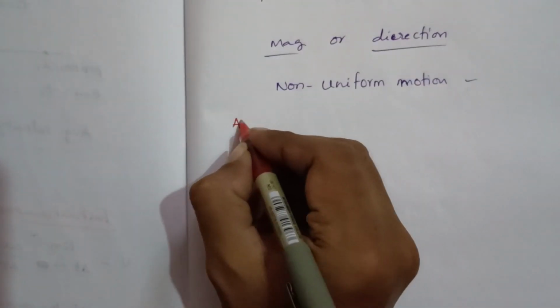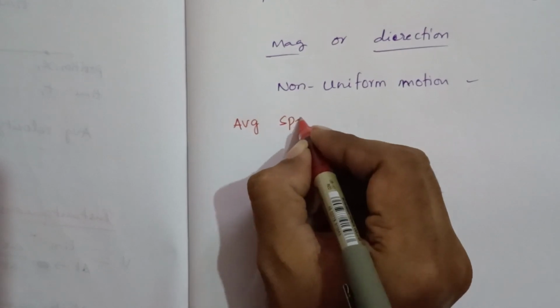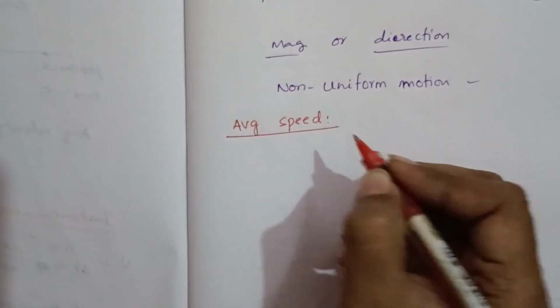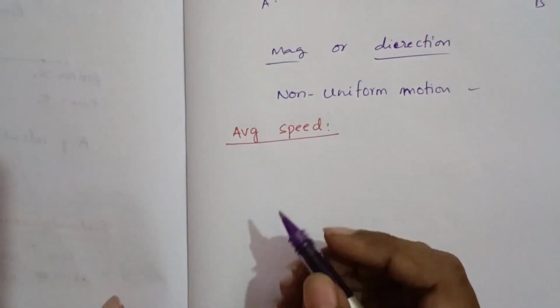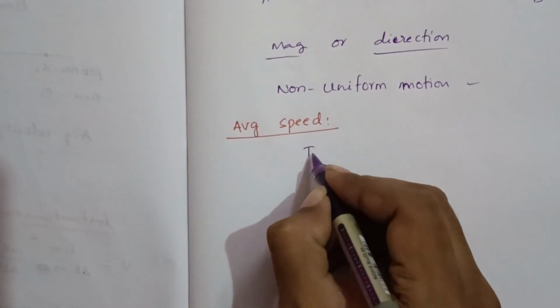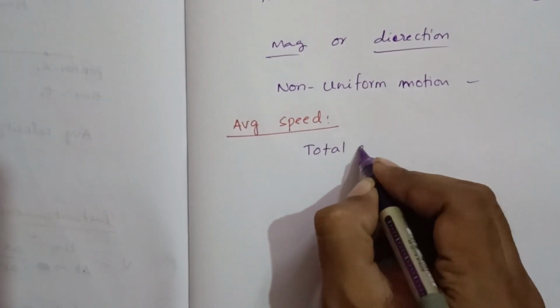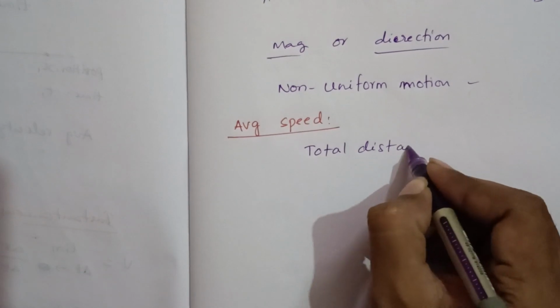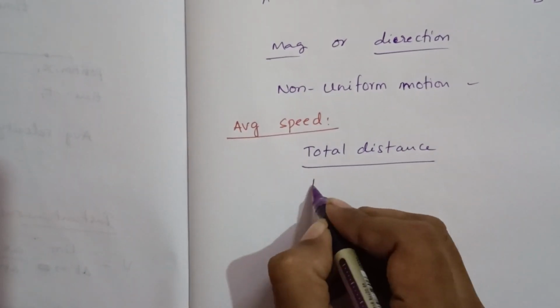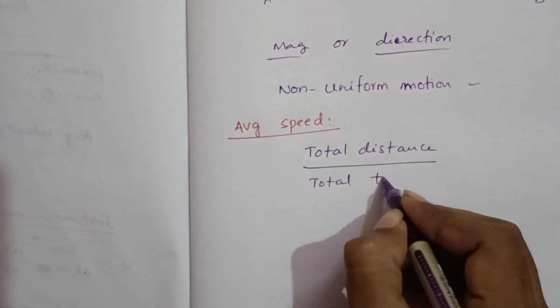Next, average speed. As we discussed for average velocity, average speed is the ratio of total distance to total time taken.